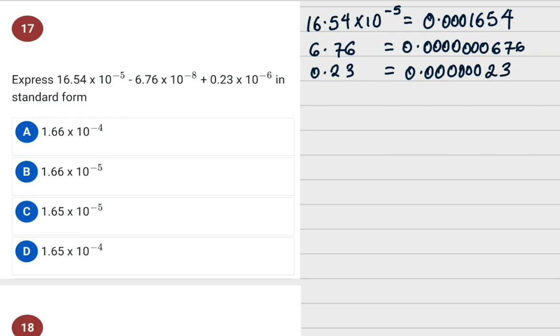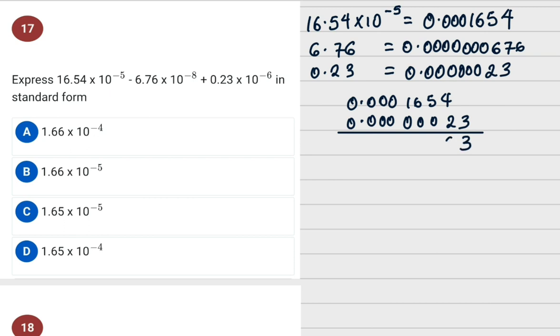So basically, once you use your calculator, you're going to have it as 0.0001654 plus 0.0000023, which will be 0.0001677.